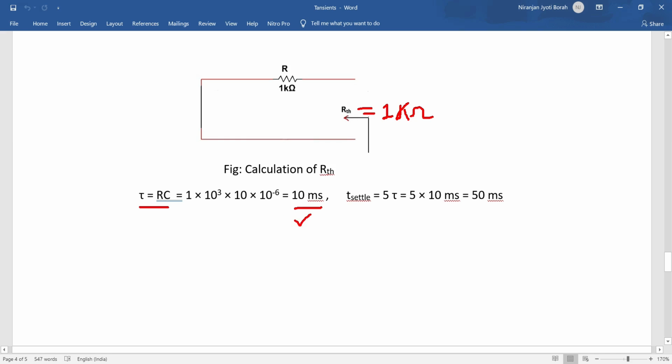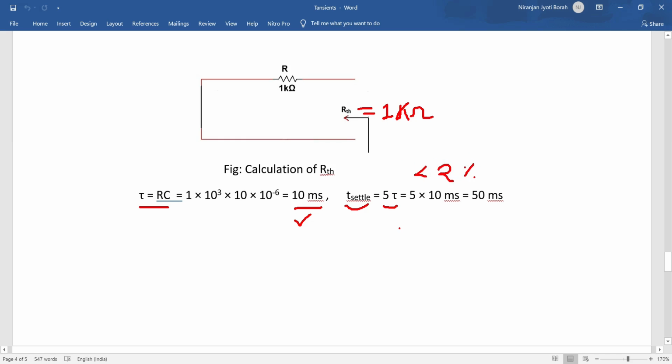From this value, we can also find the settling time, denoted by T settle, which is equal to 5 times the time constant. The settling time can be defined as the time required for the circuit to reach its final state or steady state with an error of less than 2%.